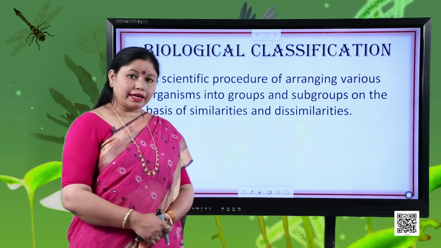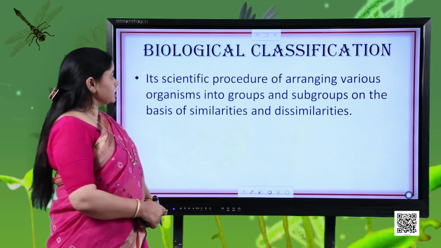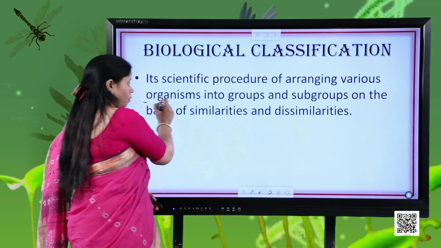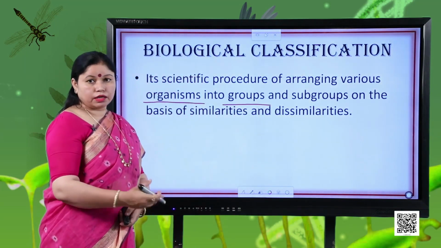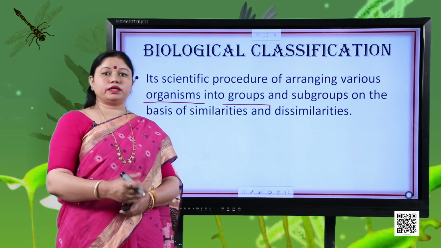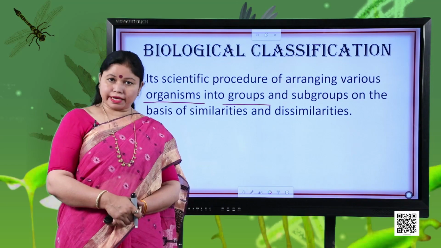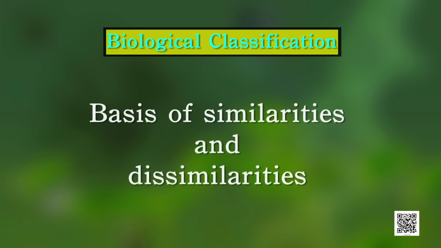So, biological classification is the scientific procedure of arranging organisms into groups and subgroups. Similarly, with the example that I have explained, where you have arranged books into various racks, in biological classification, organisms are arranged on the basis of their similarities and dissimilarities.